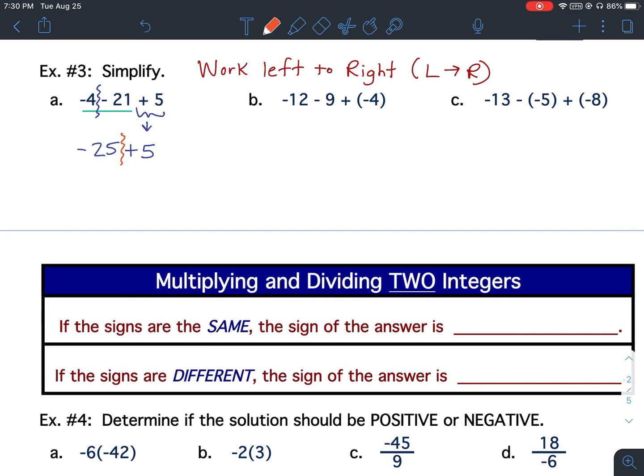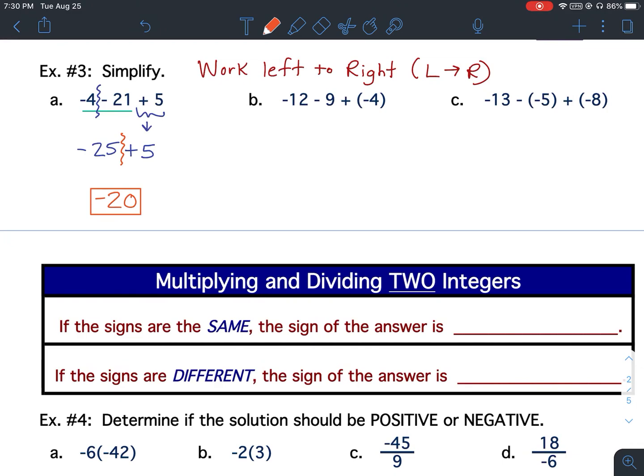If the signs are different, we're going to subtract. 25 minus 5 is 20, and then keep the sign of the larger number. 25 is the larger number, so this would be -20. So again, when you've got more than 2 numbers, it's all the same operations. Addition and subtraction have the same priority, so you're going to work from left to right.